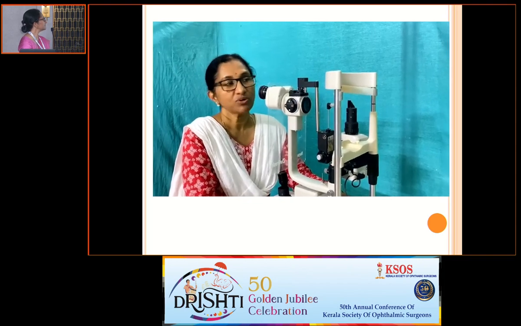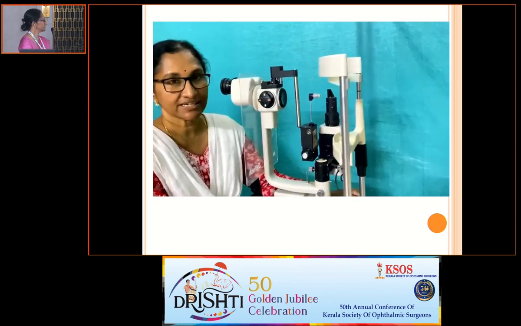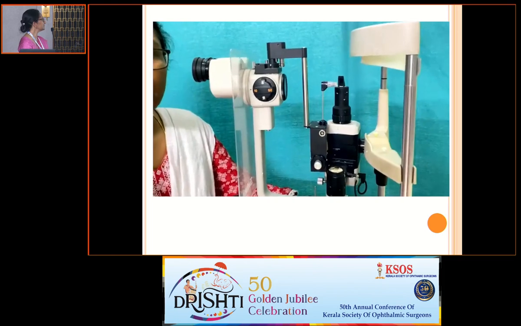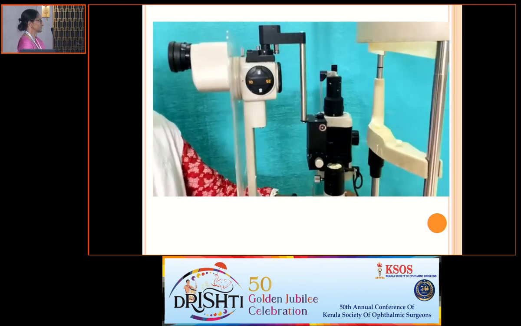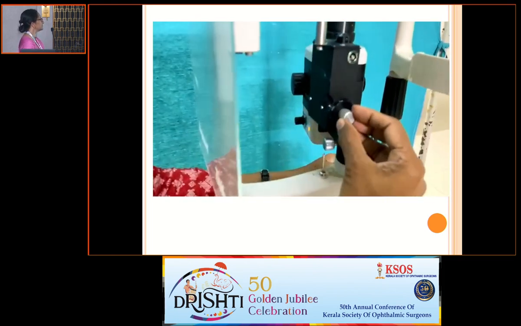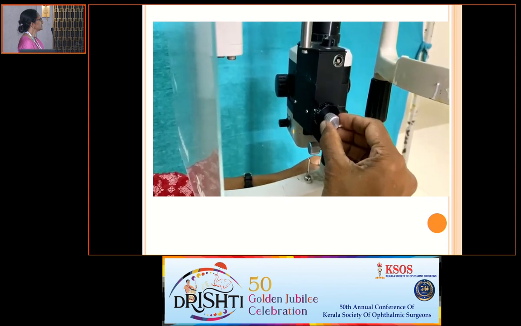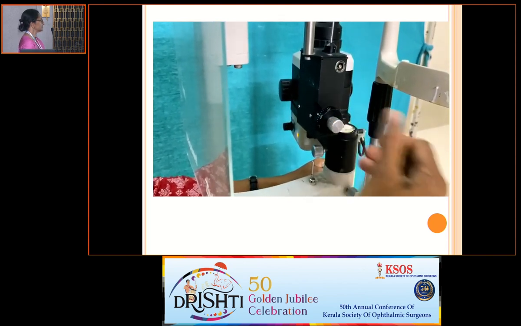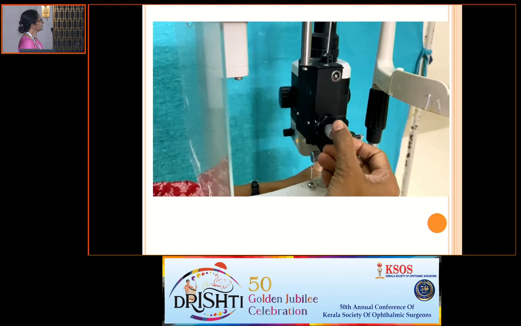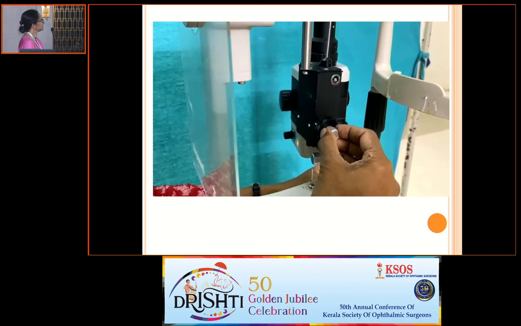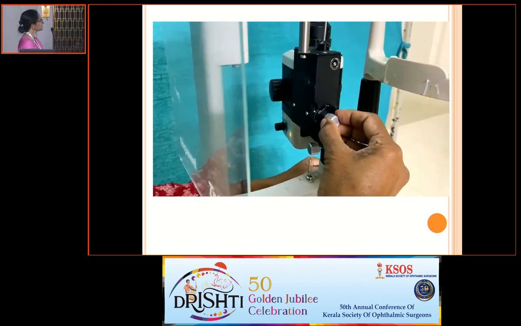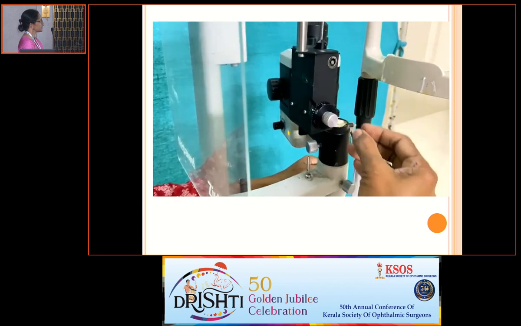First of all, mount the applanation tonometer on the slit lamp. The calibration error checking should be done at dial positions 0, 2 and 6. To check the calibration error at position 0, we have to rotate the knob to position 0.